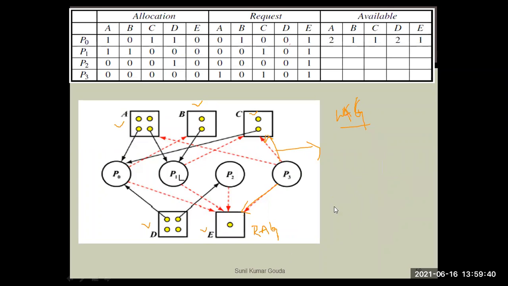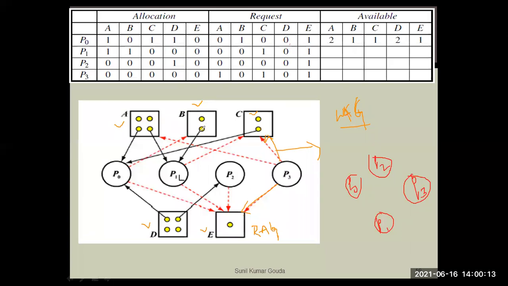Okay. So the wait for graph will have P0, P1, P2 and P3, and we will make the wait for graph. Now what does P0 need? A and B are already there, B is needed, one instance of B is free, so I can allocate.